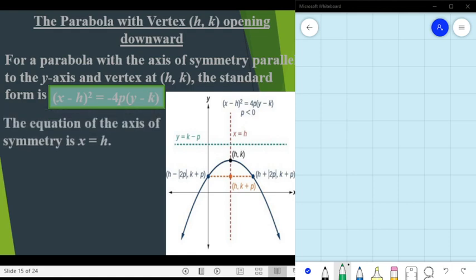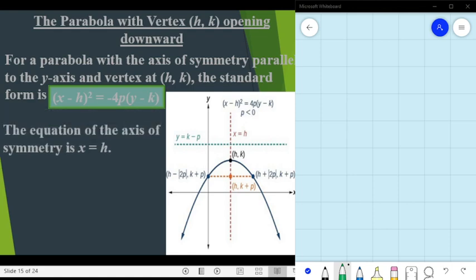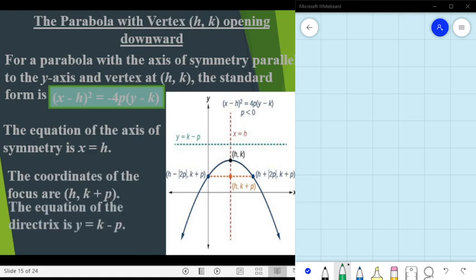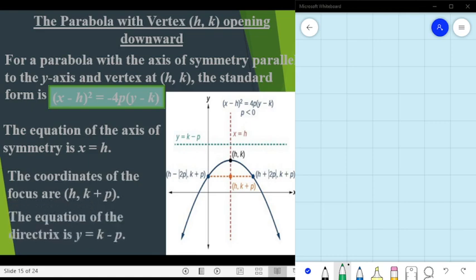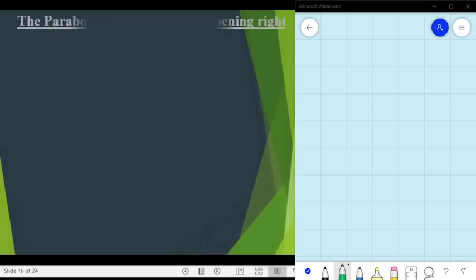Okay, and then the equation of the axis of symmetry is x equals h gihapon. Then the coordinates of the focus are (h, k plus p). Then the equation of the directrix is y equals k minus p.